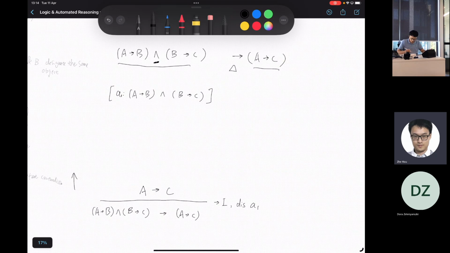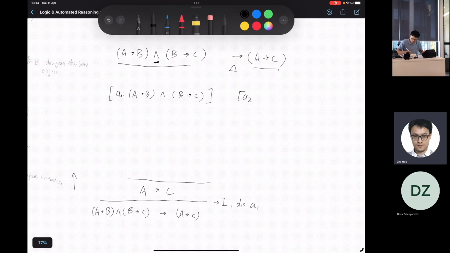Now we want to prove that A implies C. So again, it's proving an implication. How do we prove an implication? We're going to use implication introduction again. That means assume the left-hand side and then prove the right-hand side. It's the same as what we did just now. So we're going to have another assumption.